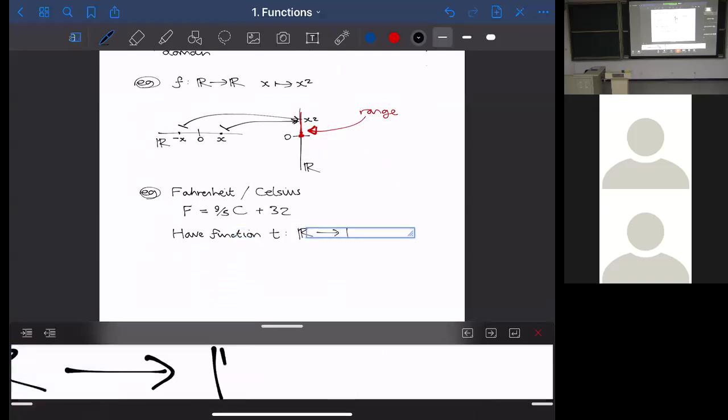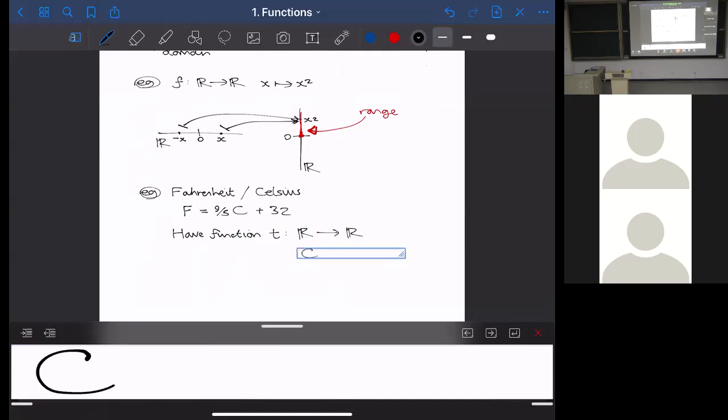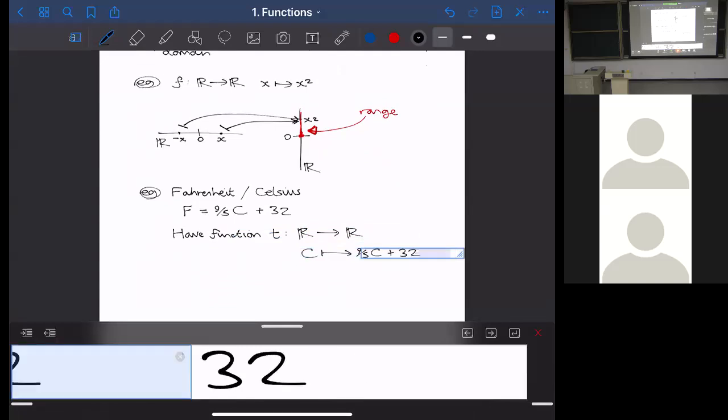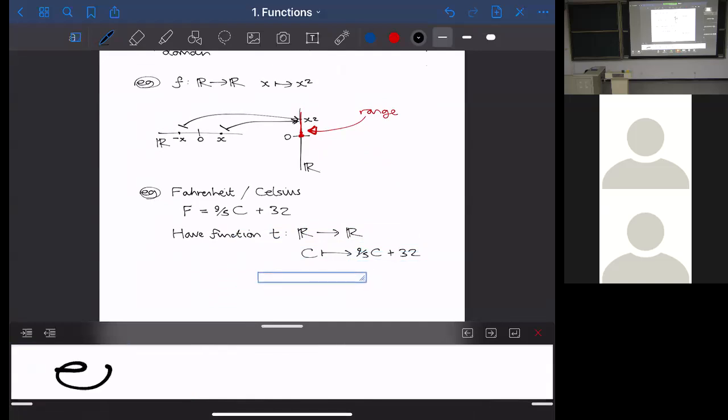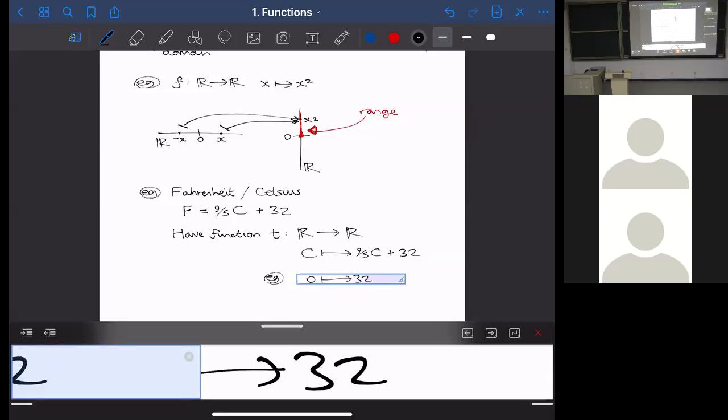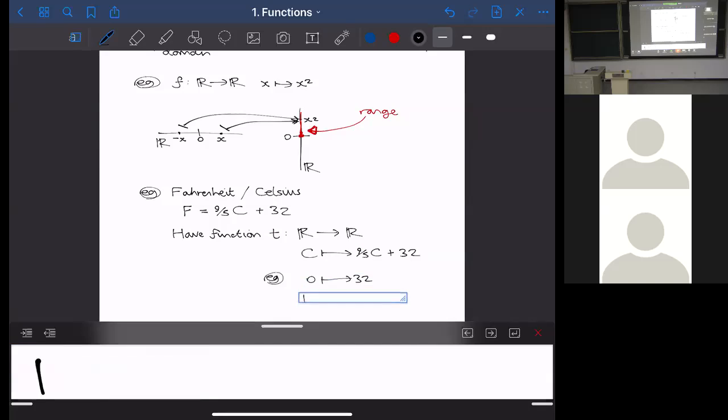We could write this as a function R to R. So as input, this function takes a temperature in Celsius, and as output, gives a temperature in Fahrenheit. So for example, 0 Celsius, freezing, goes to 32. 100 Celsius, boiling, goes to 212.